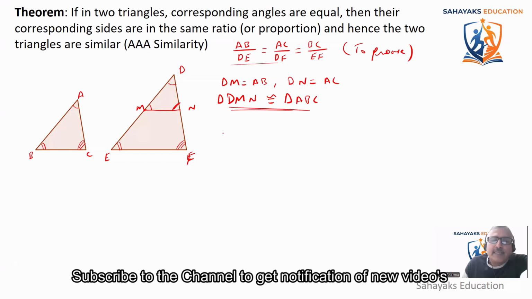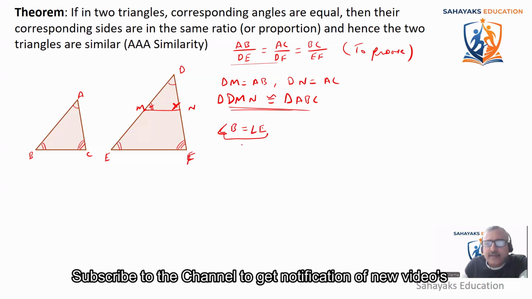So I can say that, I'll just write it as 2, like this and like this. Okay. So we can say that angle B is equal to angle E. Why are they equal? They are equal because it's given.